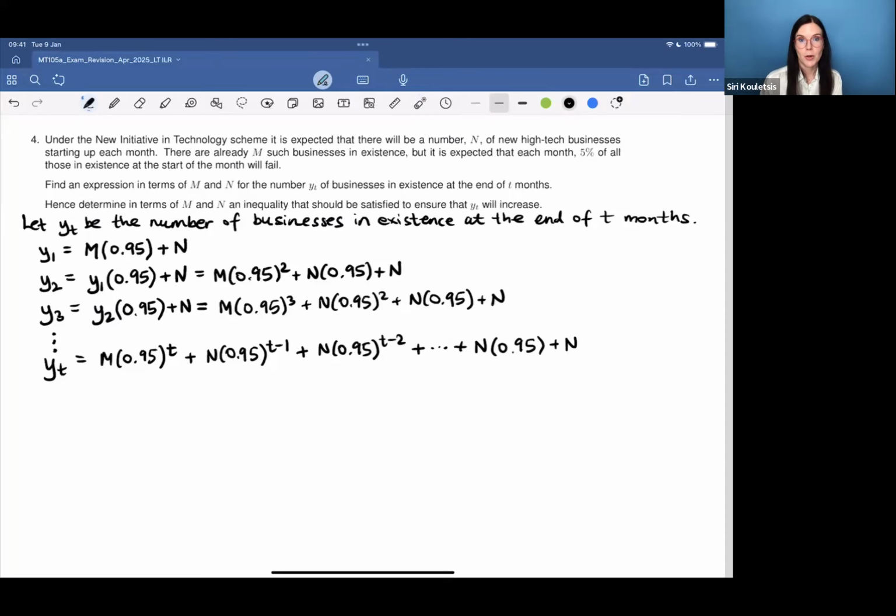And of course, we want to simplify. I mentioned the word geometric progression, and here we have a sum. We start seeing something that should be familiar from the course, and so there is a formula that we can apply.